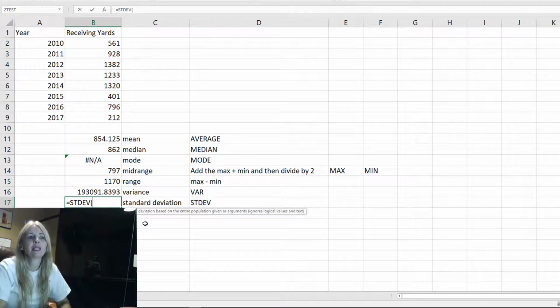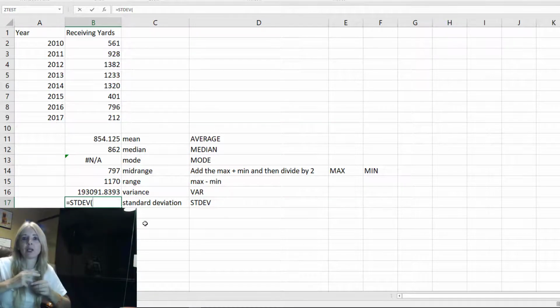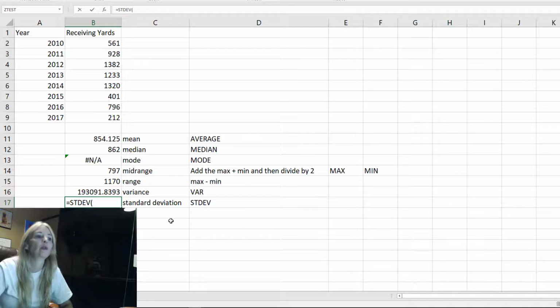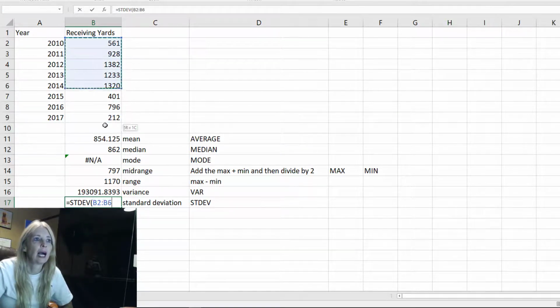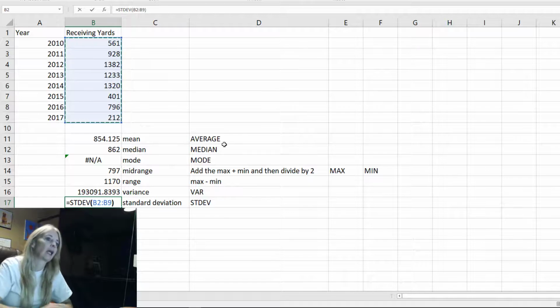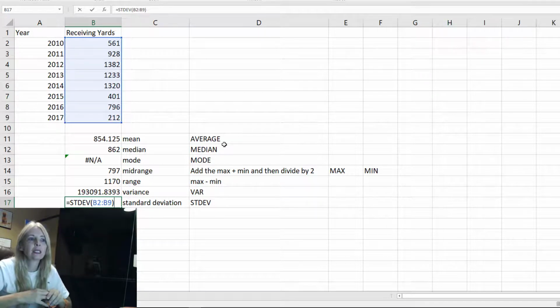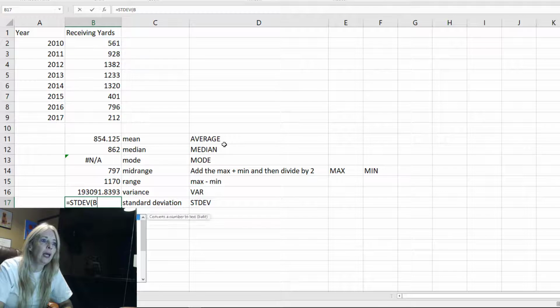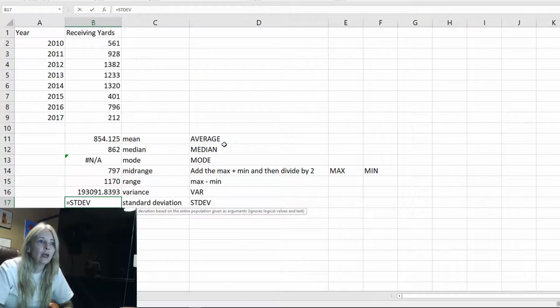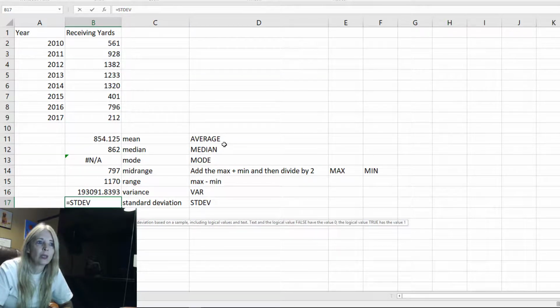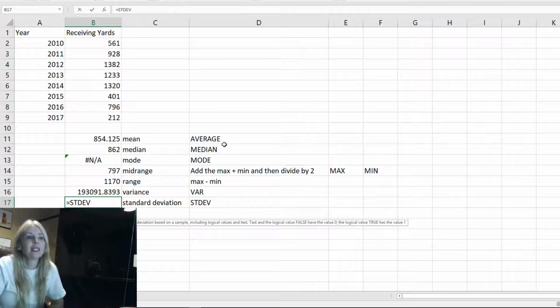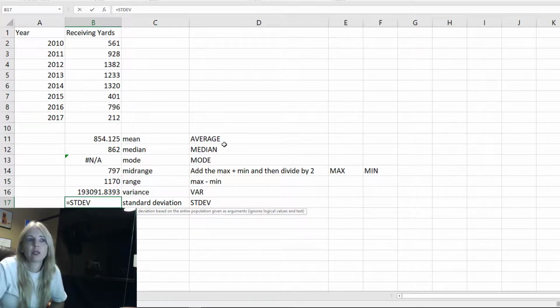Remember, the variance is in squared units. It still shows the spread of the data, but in squared units, and we like the standard deviation better. So I highlight my data and close my parentheses. Some of you might be saying, hey, in the video you did this one with the A. It really doesn't matter as long as you don't use the .P, because that's for a population.